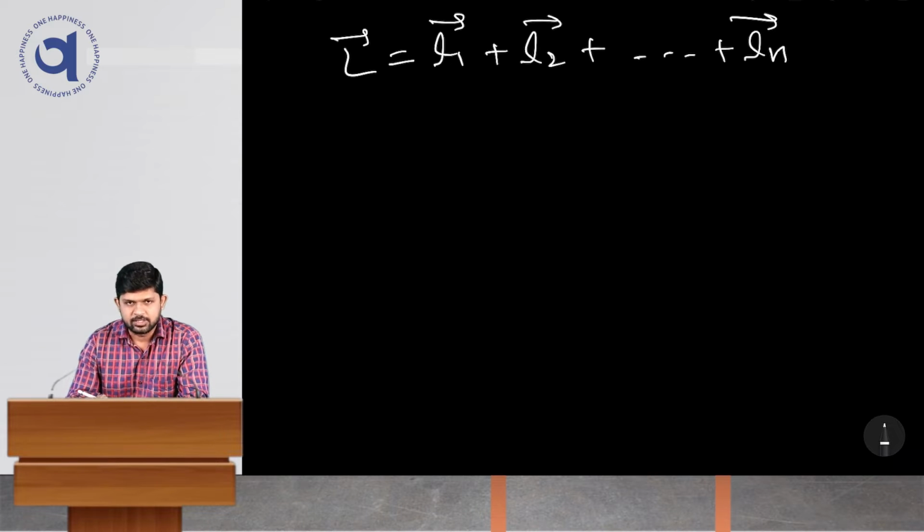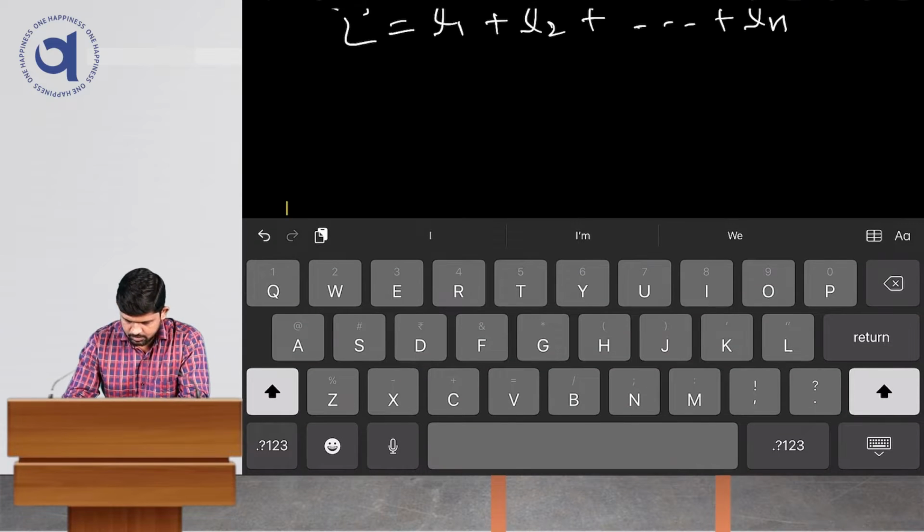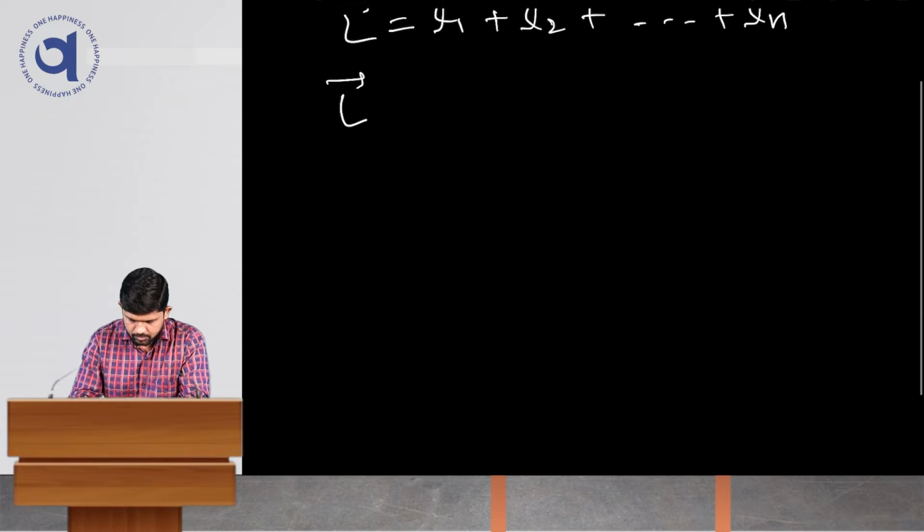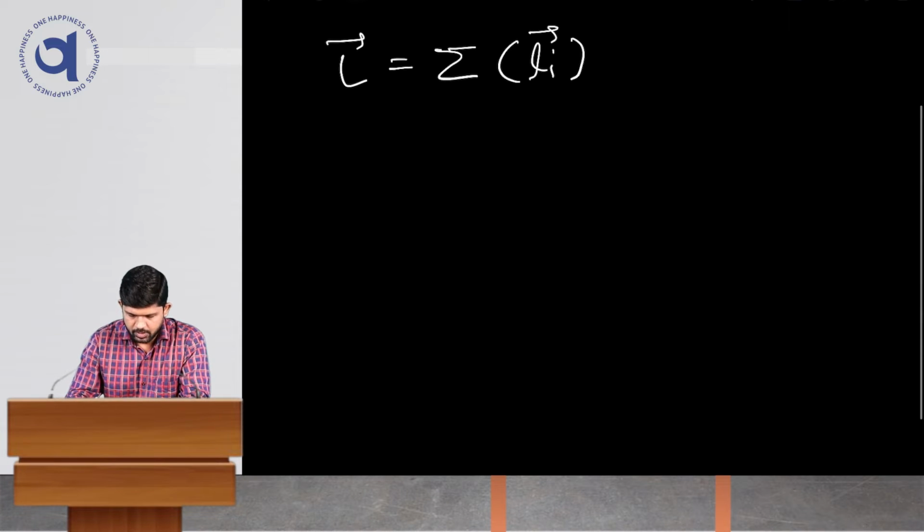Now let us write this total angular momentum in compact form. So we can write it as the summation of the angular momentum, which is r cross p.